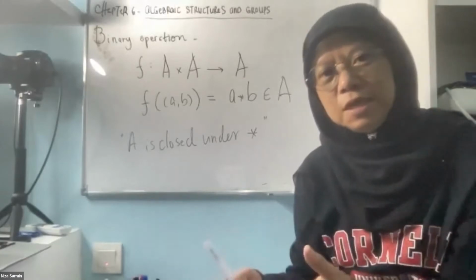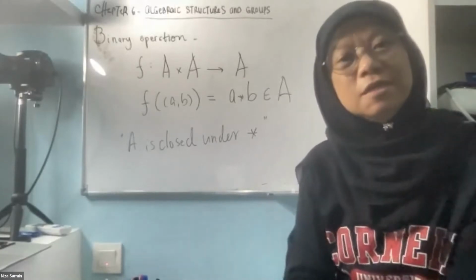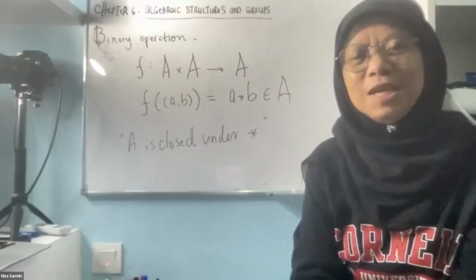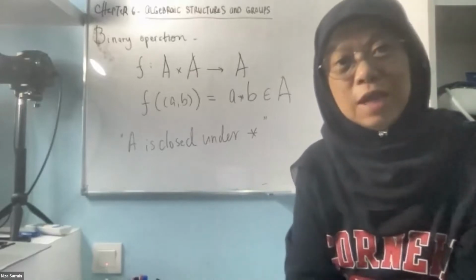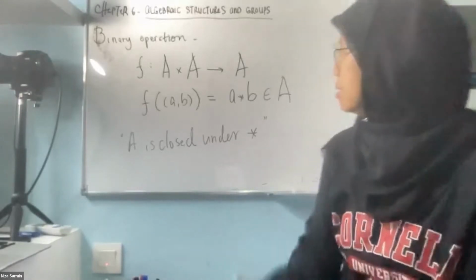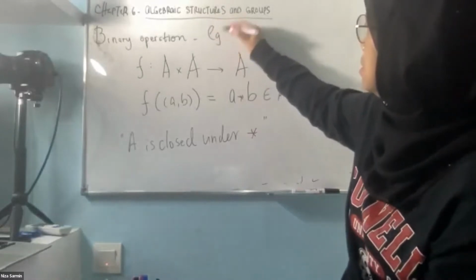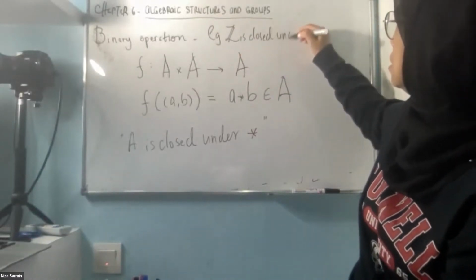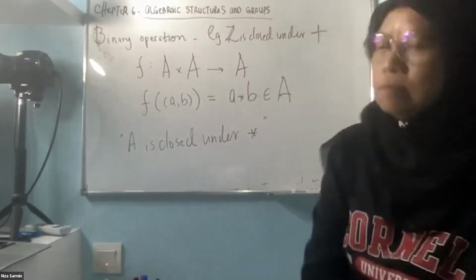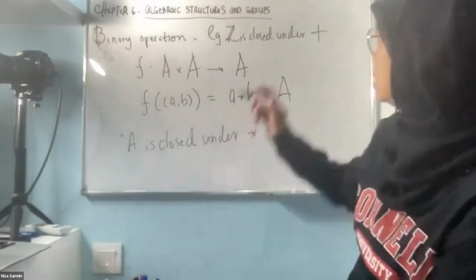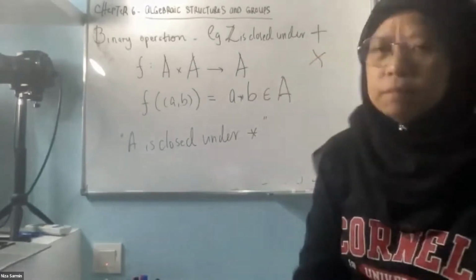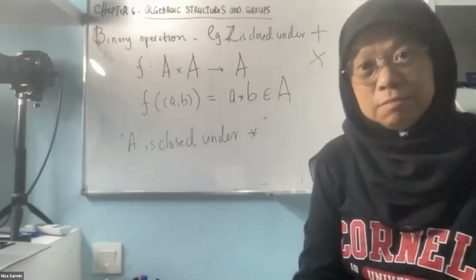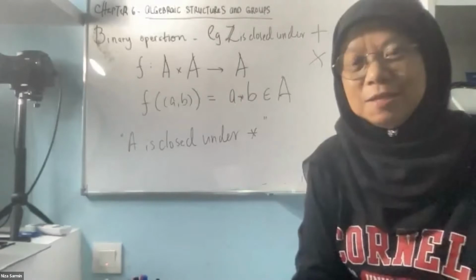A plus B, integer plus integer is another integer. So we say the set of integers is closed under addition. Example, yeah. Z is closed under addition. Z is integer. Z is also closed under multiplication because integer times integer is integer.